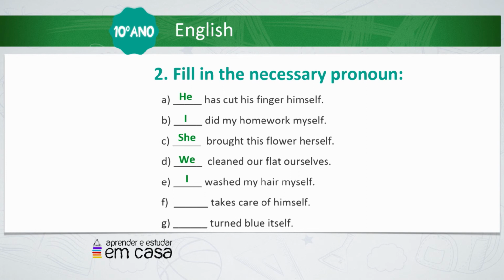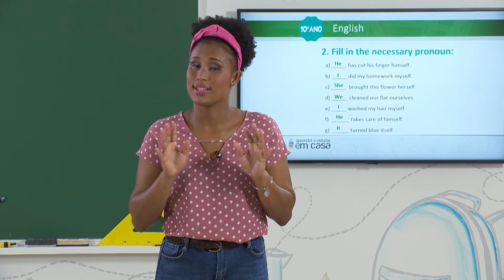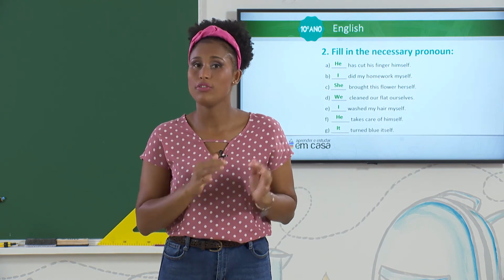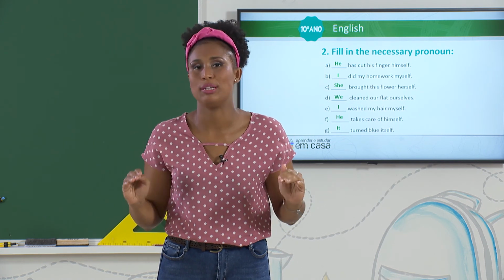F, he takes care of himself. And the last one, G, it turned blue itself. See? Very easy and simple. As I said before, if you use the box that I gave you before, you will be able to do this exercise without problem.